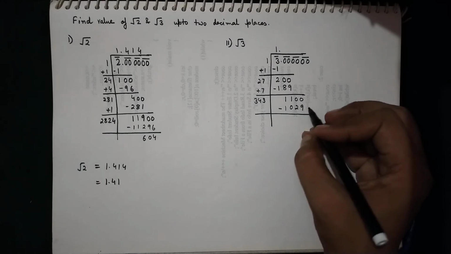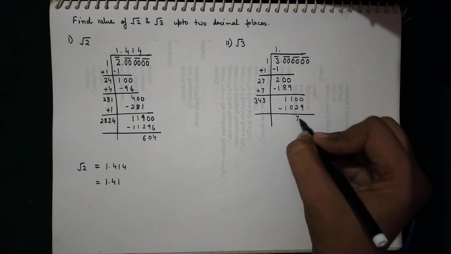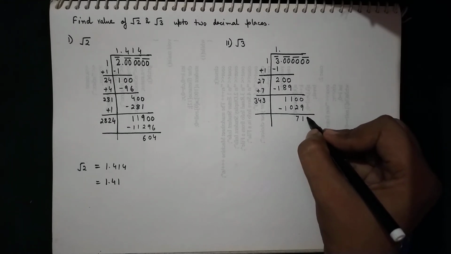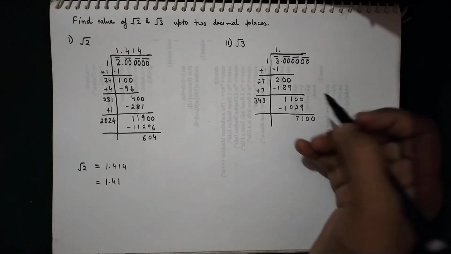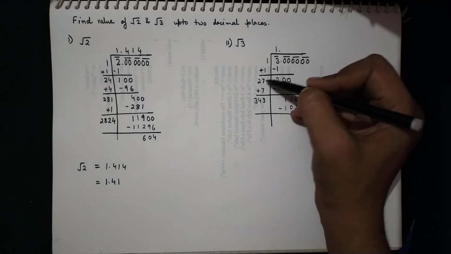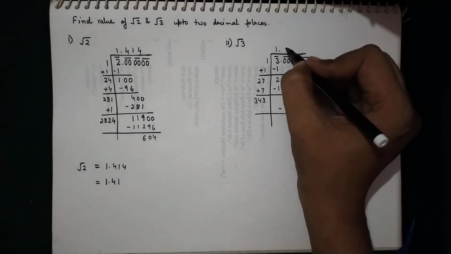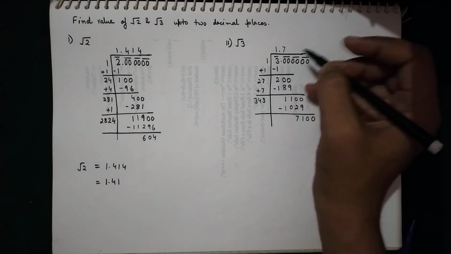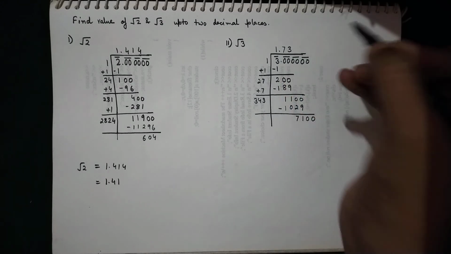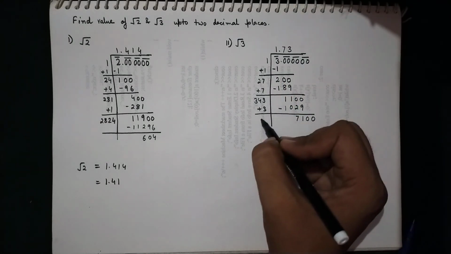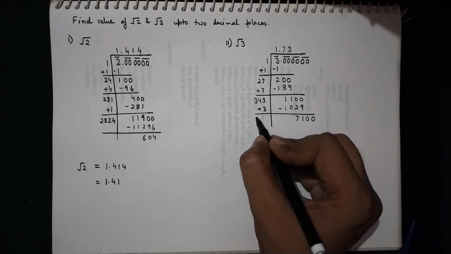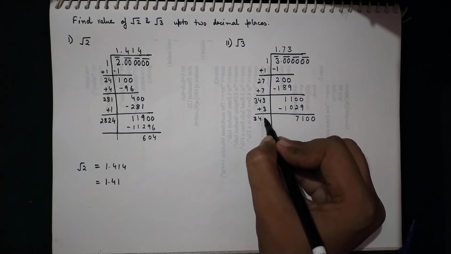Subtract it, on subtracting you will get 71, and the next two will be copied. Here we have to write this also. 7 was taken over here, and then we have taken 3, then plus 3, and on copying this will become 3 4 6.